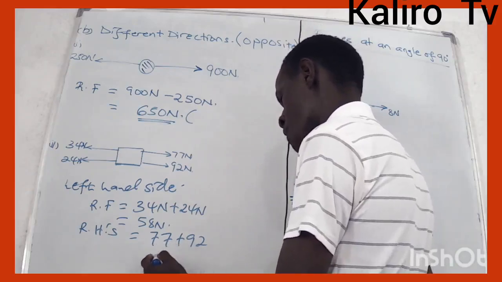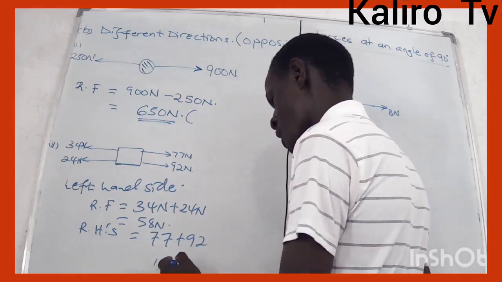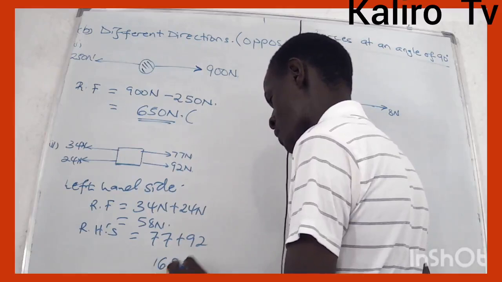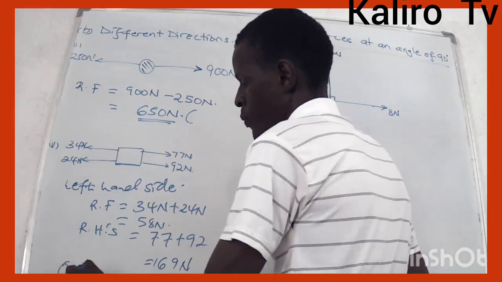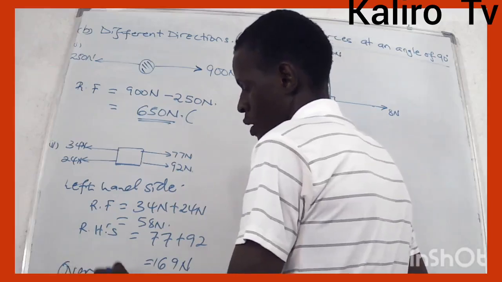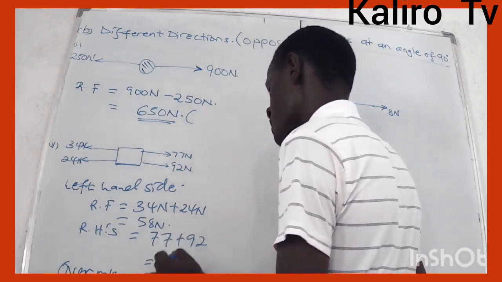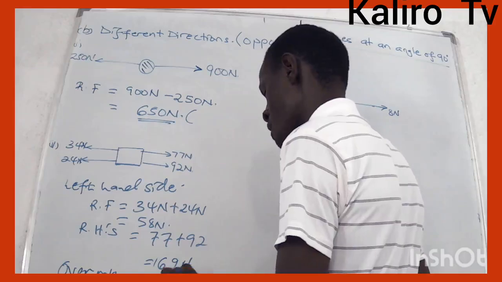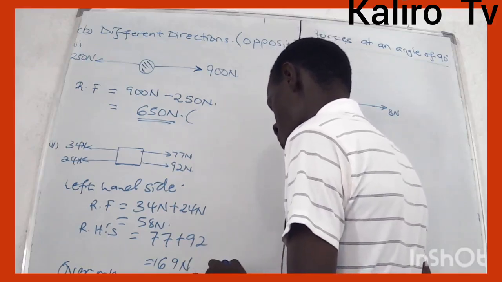Then 9 and 7 is a 16. So we get 169 newtons. So overall, it will be the left hand side minus the other one: 169 newtons minus 58 newtons.